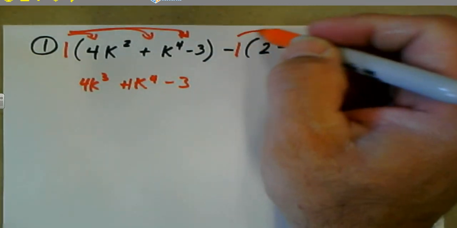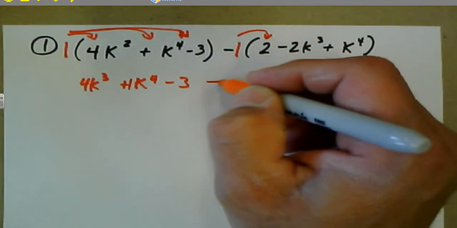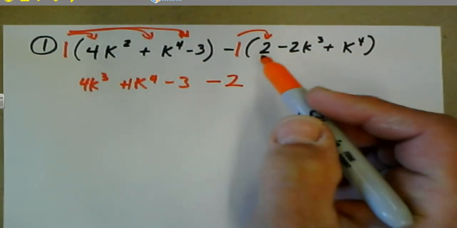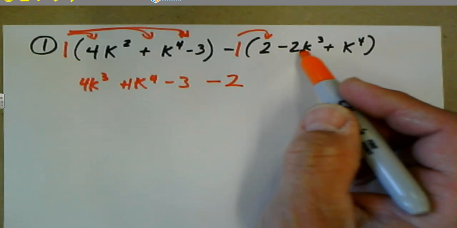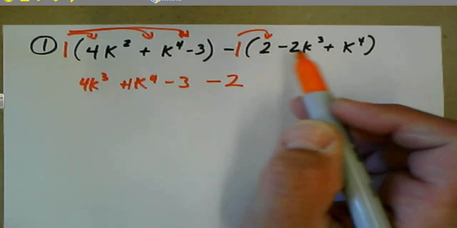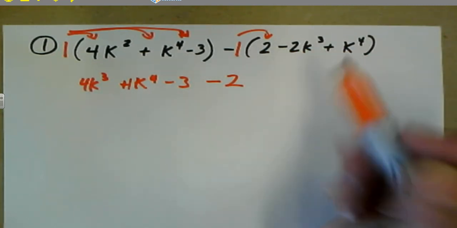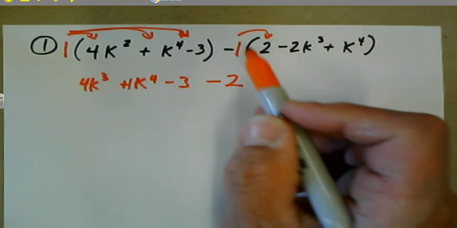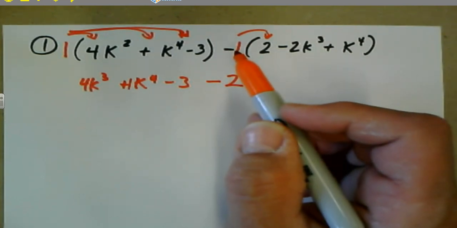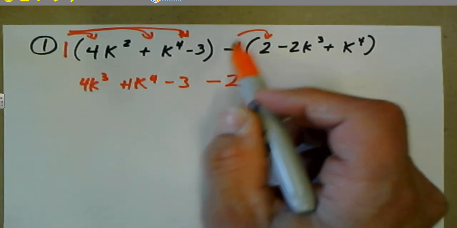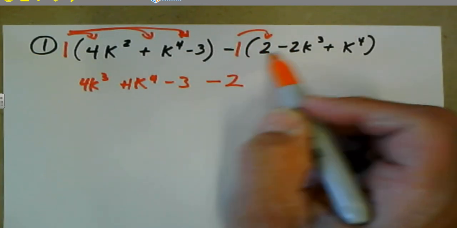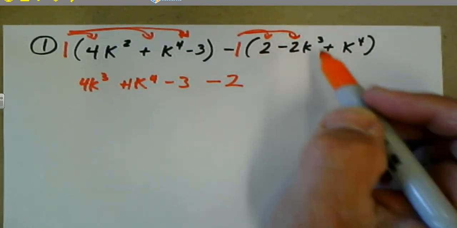If I take negative 1 times 2, I get negative 2. Some of you have been putting 2 down and then changing the other ones. Every single number on the inside will change its sign because that's the property of negative 1. It's the opposite property of multiplication. It will change each one of these to the opposite one.